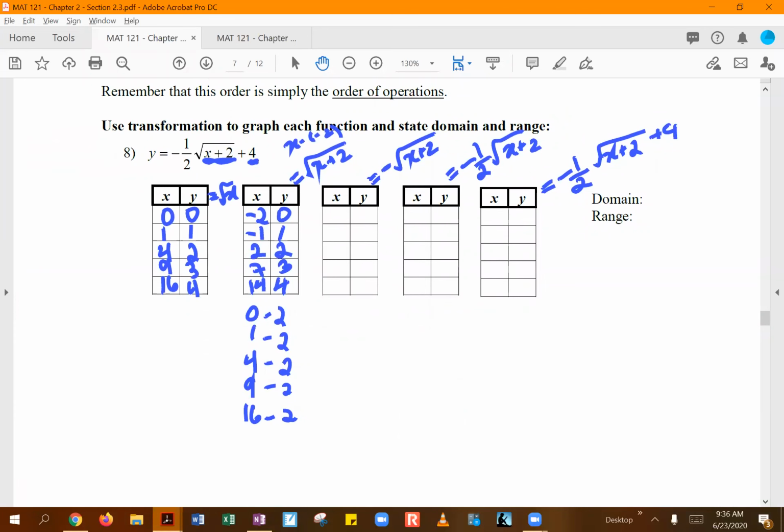Okay, so reflection basically means we'll keep the same x values from the previous table, but now since we are doing this reflection, that means we're just putting a negative sign in front of all of our y values. So now you will have -1, -2, -3, -4, right? We're just creating the reflection from step 2.